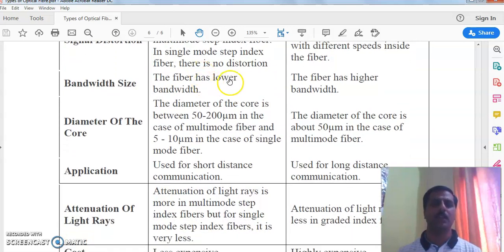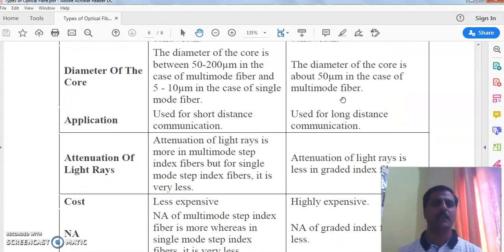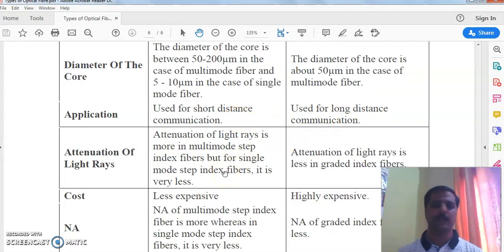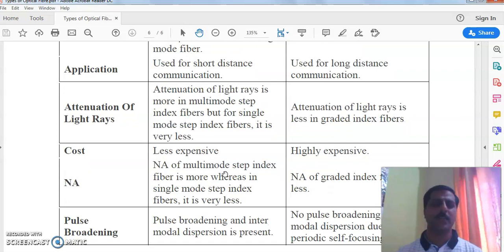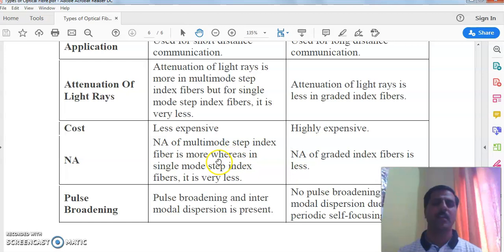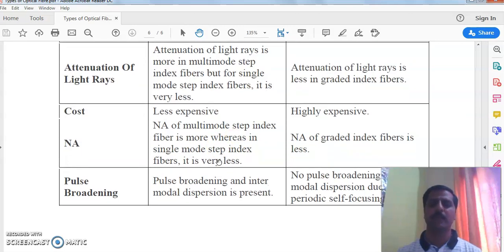Bandwidth: lower bandwidth, but here a higher bandwidth. Application: that is used for short distance, this for longer distance. Cost: step index is less costly as compared to the graded index. Numerical aperture of step is less, but in comparison to that, graded is larger. So that is the comparison between these types of fiber, and that is our today's lecture.